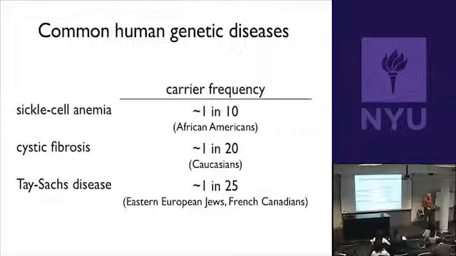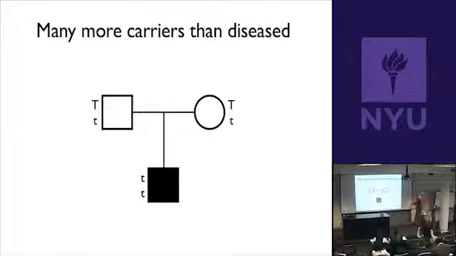As I said, for recessive diseases, even if the carrier frequency is fairly high, the number of affected individuals is going to be lower, because it takes 2 bad copies of the gene to be affected. One way to look at that is a simple pedigree with a father, a mother, and a child.